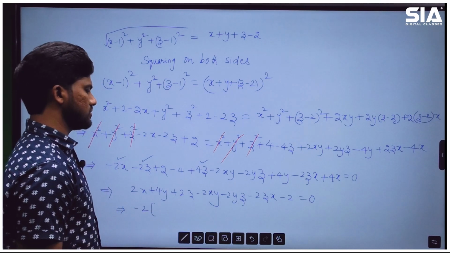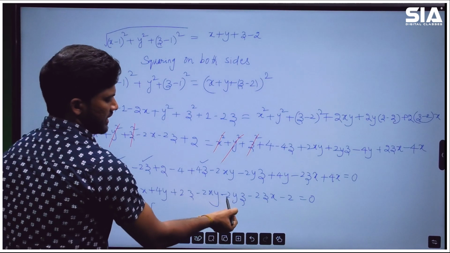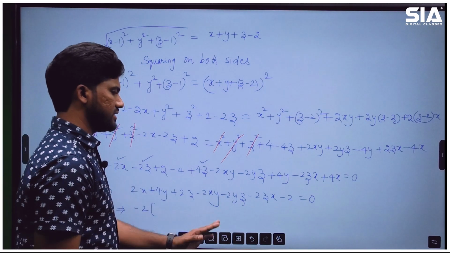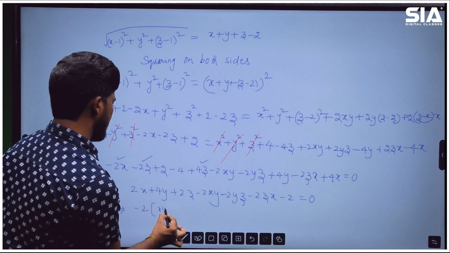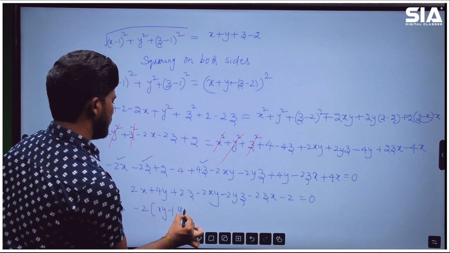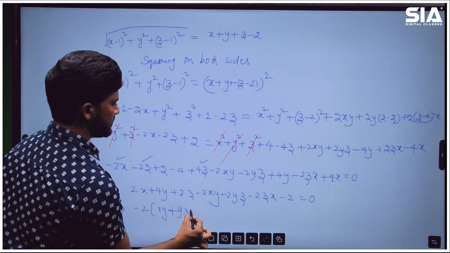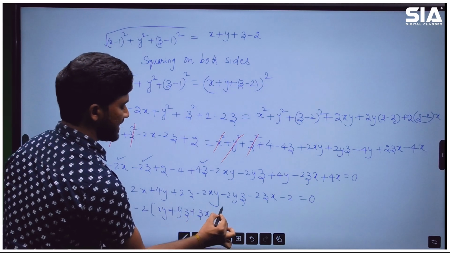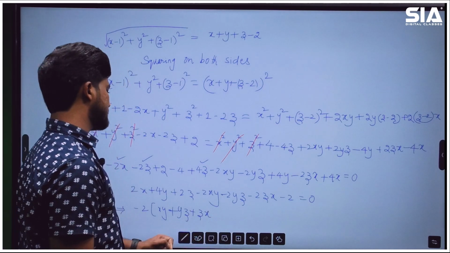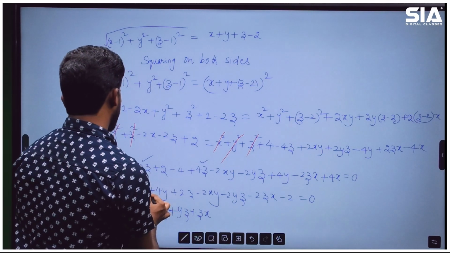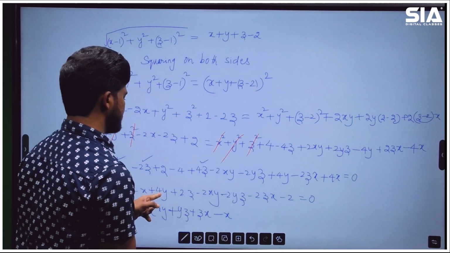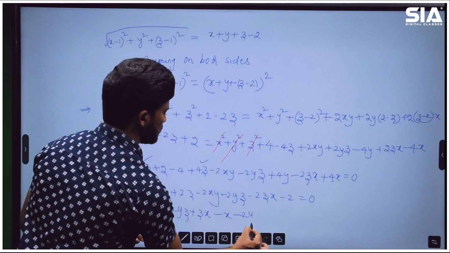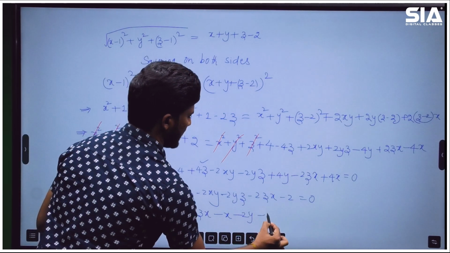If you take minus 2 common, first minus 2 into (xy plus yz plus zx), and from 2x, taking minus 2 common gives minus x, from plus 4y gives minus 2y, from plus 2z gives minus z.